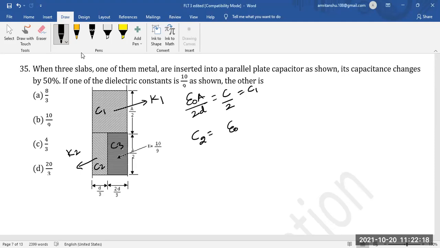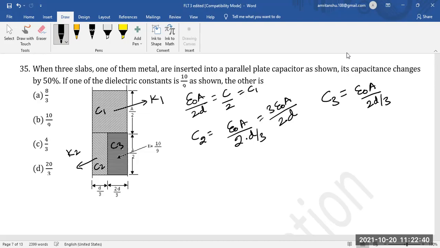C2 is going to be epsilon naught A by 2 over D by 3, so this is going to be 3 epsilon naught A by 2D. Similarly, we can get C3, where we've already taken A by 2 and D by 3. So this comes out to be 3 by 4 epsilon naught A by D.